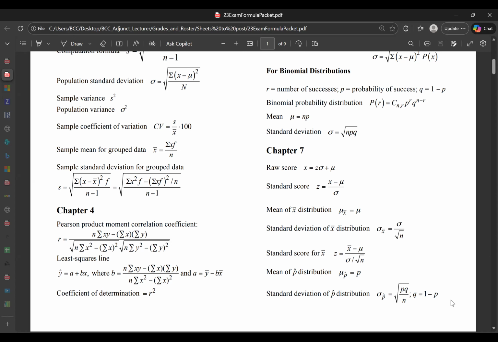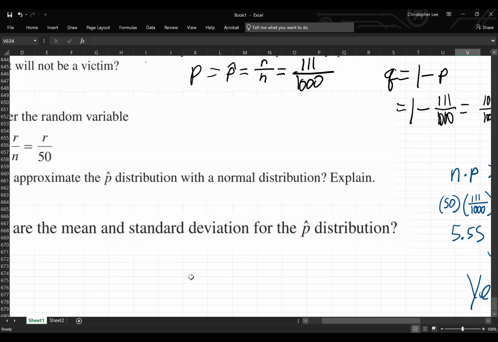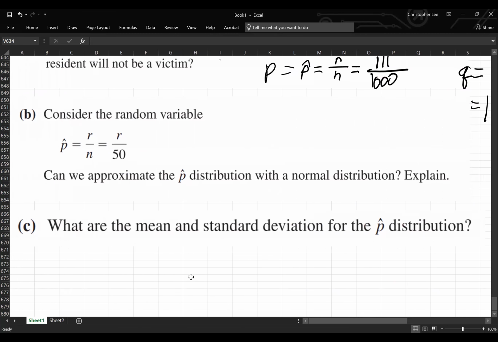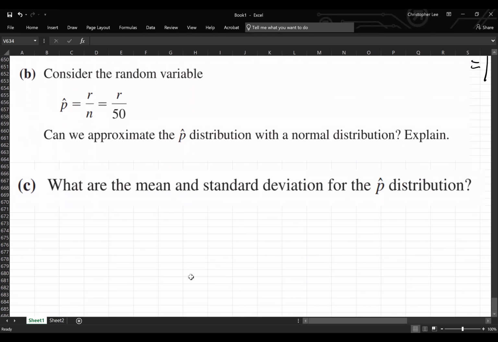Easy. The mean is just P. So your mean for P hat is just the 111 over the 1000. You're done.